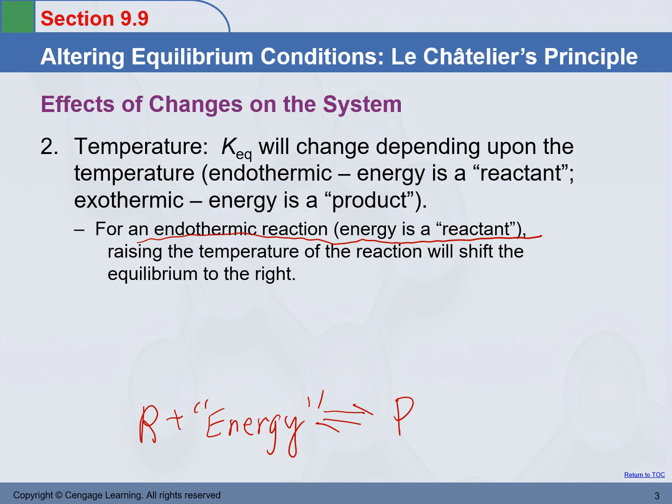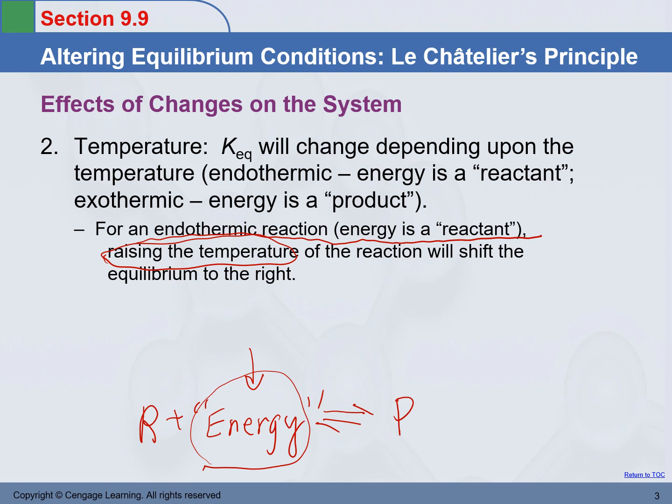If you raise the temperature, if you increase the temperature, again, how do you increase temperature? You heat it up. You're applying heat, you're adding energy to it. When you add energy, you add a component like we just learned on the last slide. If you add a component, the equilibrium will shift away from the added component.